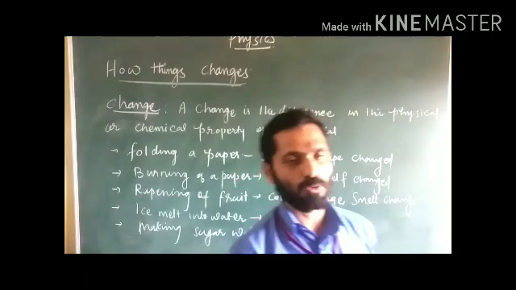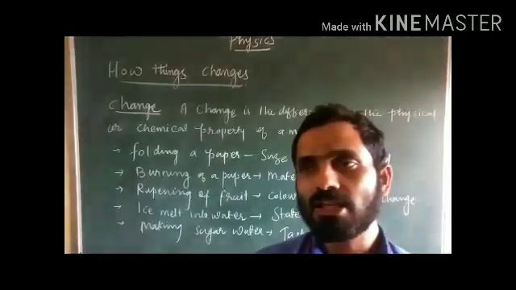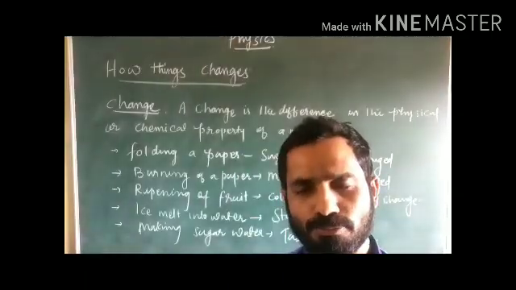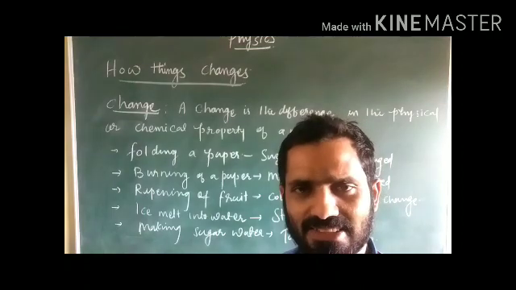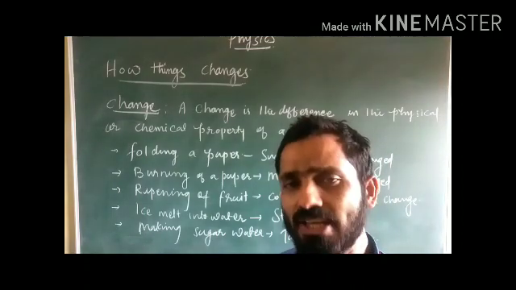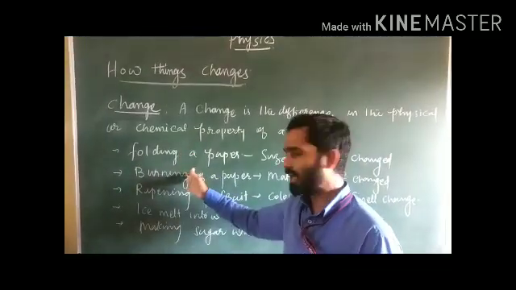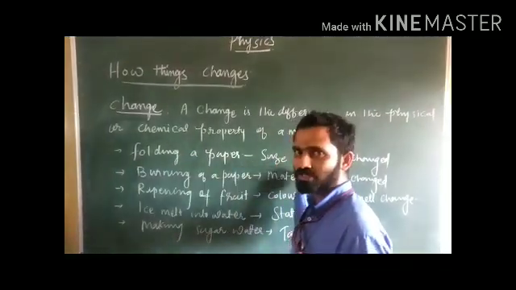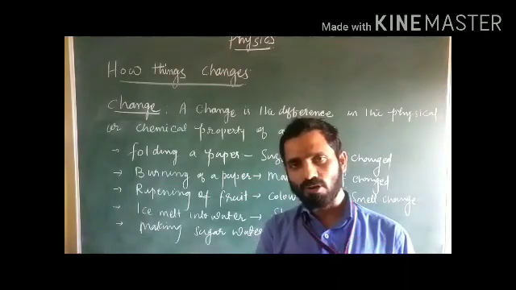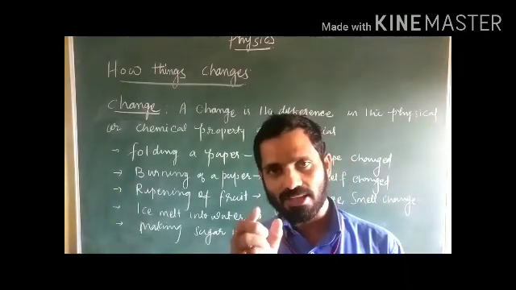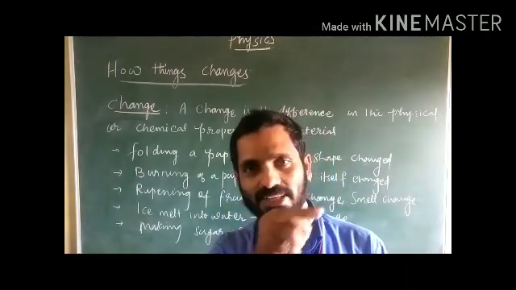So see, students, you observe in this nature, there are a lot of changes occurring. In those changes, what properties are actually changing? Here size and shape are changing. So you observe all changes, then you understand what is actually changing there.